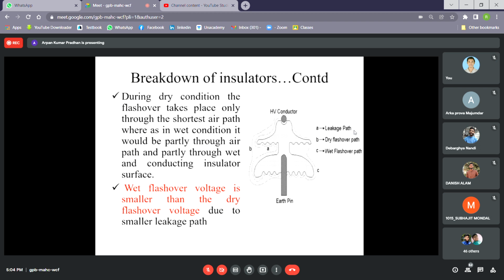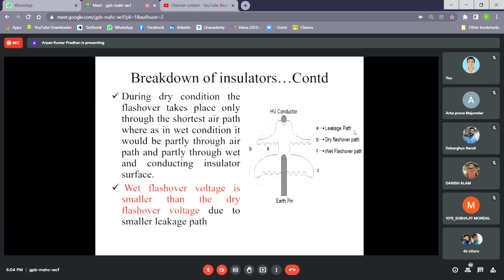Now from this figure, when the leakage current flows, it follows the path indicated by A. But sometimes flashover occurs.